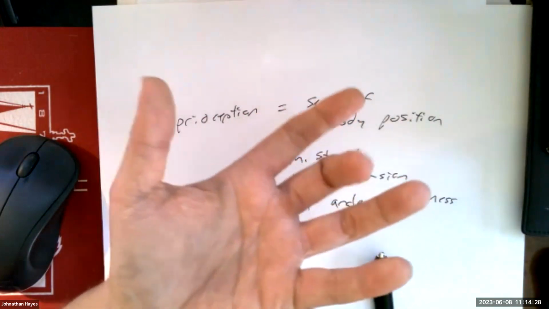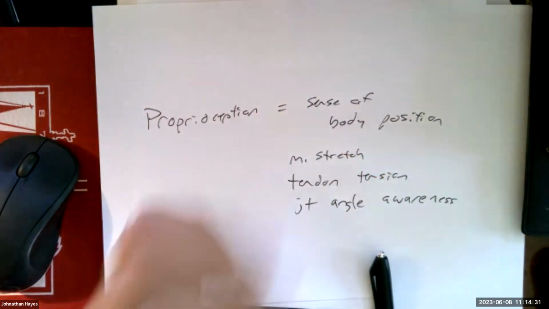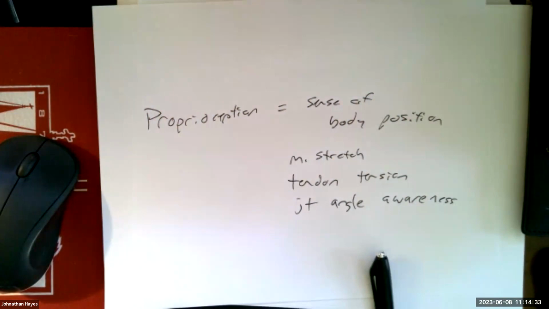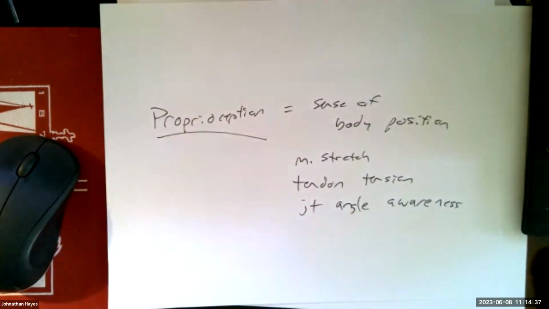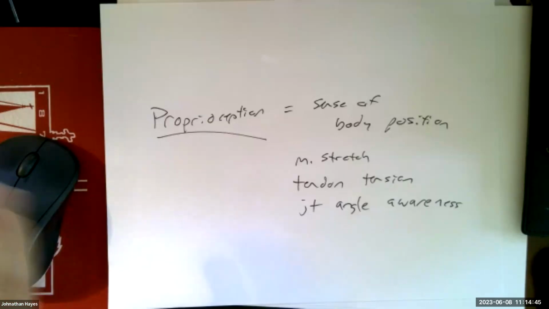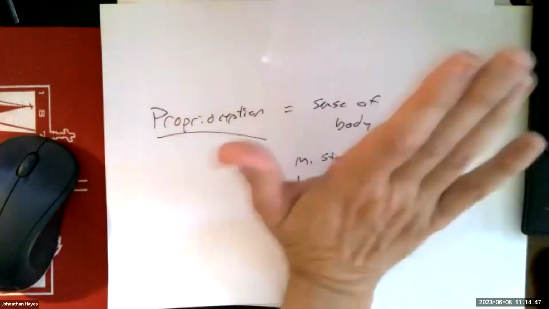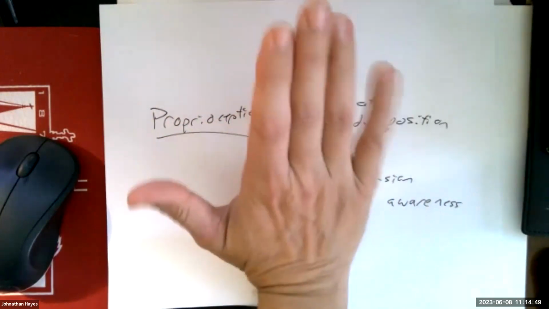So we use that a lot when we're walking, right? We don't like to look at our feet when we're walking. We like to walk and face ahead. So we need proprioception to be able to do that. So if I lose my sense of proprioception, what are you going to probably notice in a patient? They're probably going to look down at their feet all the time when they're walking because they can't feel the bottom of their feet, right? They can't feel when the heel's striking. They can't feel that angle of dorsiflexion.